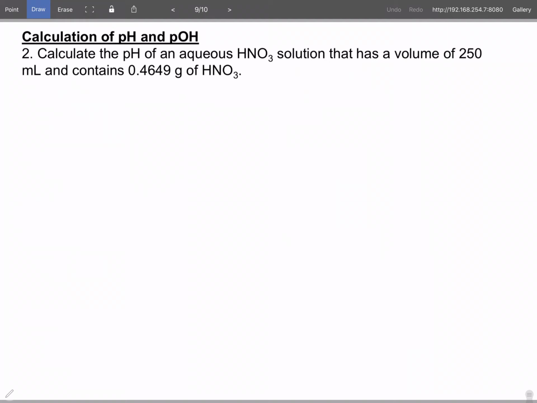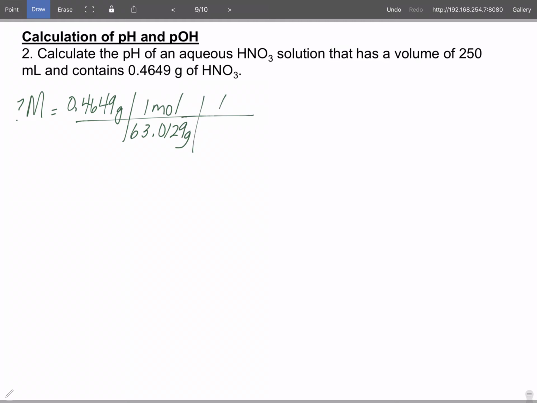So on this one, we're asked to calculate the pH of an aqueous nitric acid solution that has that volume and contains that mass. So the first thing we need is the molarity. So we're going to start with 4.649 grams, divide it by your molar mass, which is 63.0129 grams per 1 mole. And I like to keep it simple, so 1 over 0.250 liters.